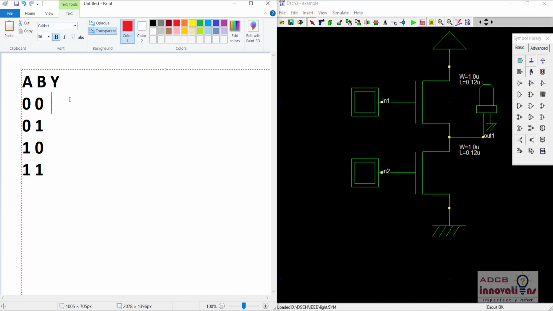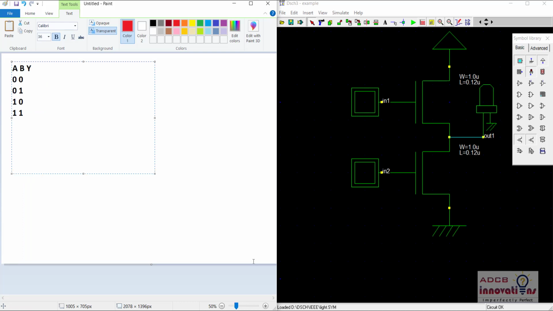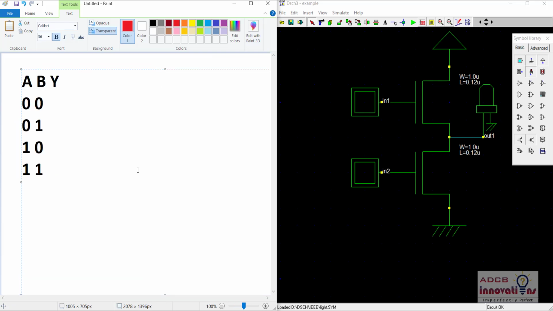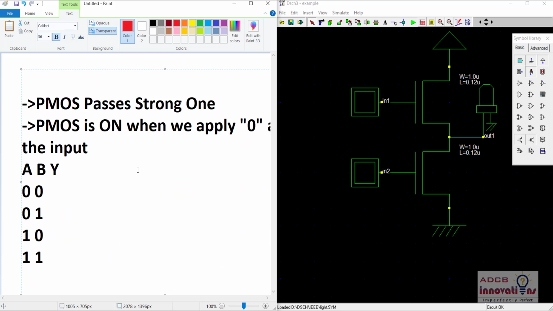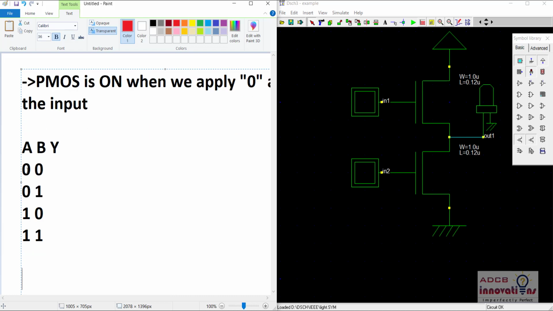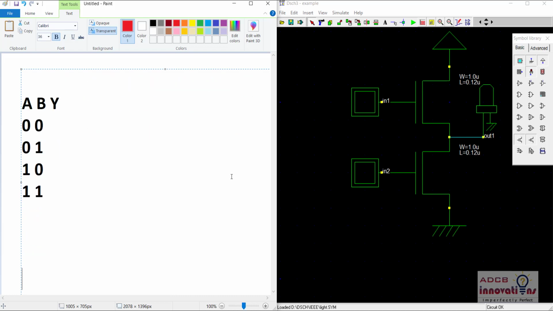Now, as we said, NMOS passes strong 0, and NMOS is on, that is, it is short circuited, when we apply 1 to the input. In the first case, both inputs are 0, so no NMOS will be on. This NMOS will be open circuited and this NMOS will be open circuited.